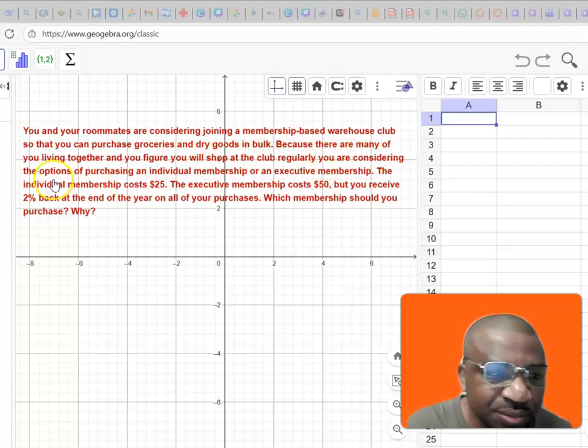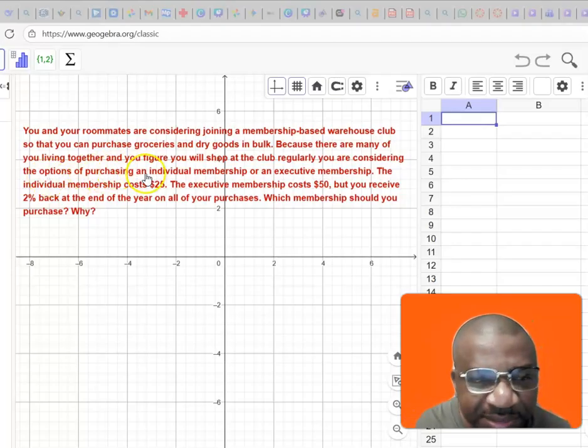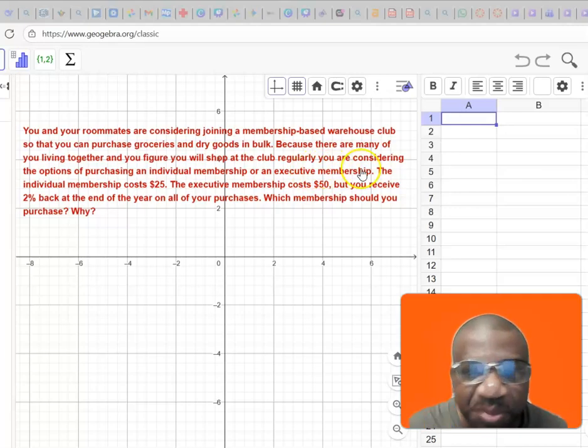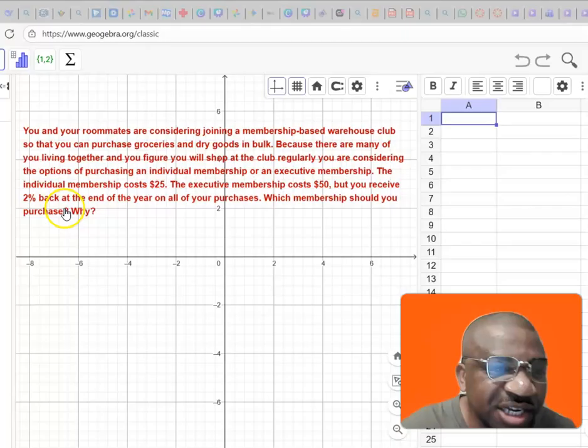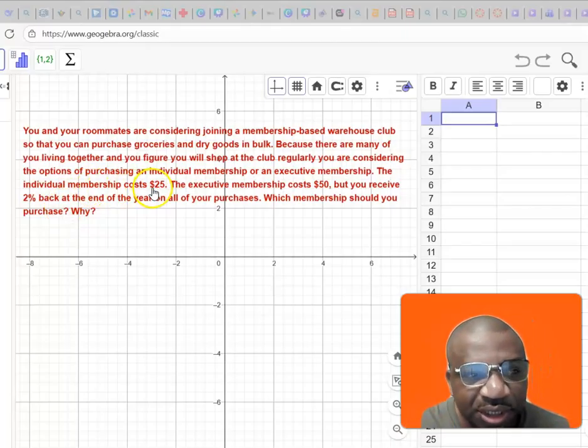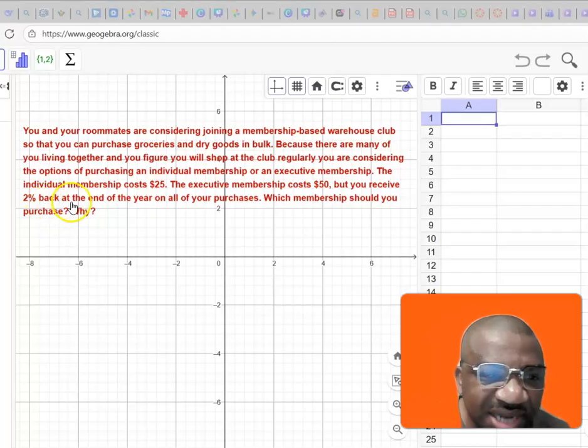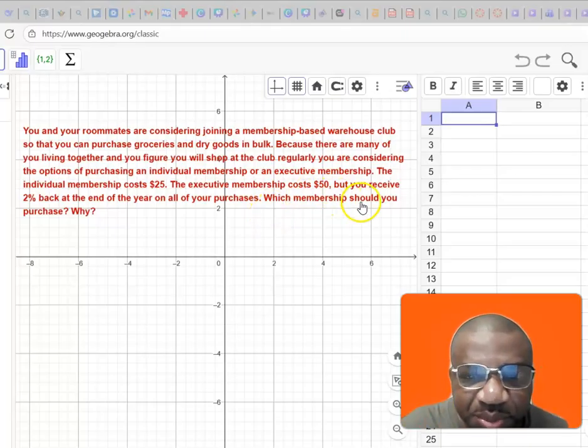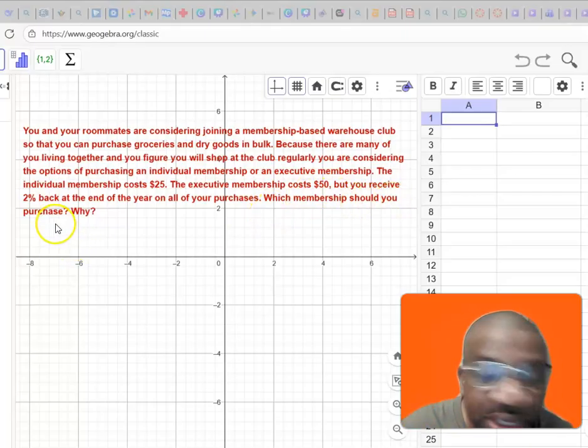You are considering the option of purchasing an individual membership or an executive membership. The individual membership costs $25. The executive membership costs $50, but you will receive 2% back at the end of the year on all your purchases. So, which membership should you purchase and why?